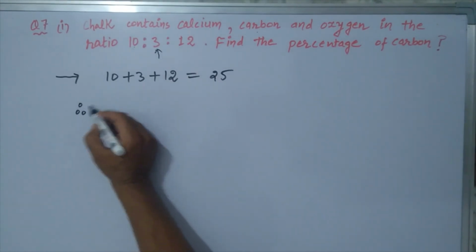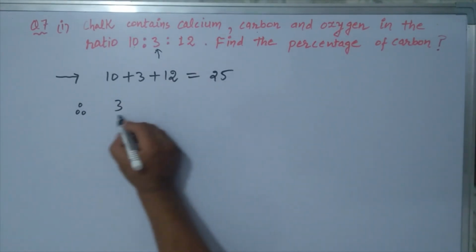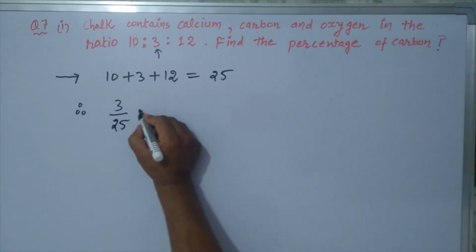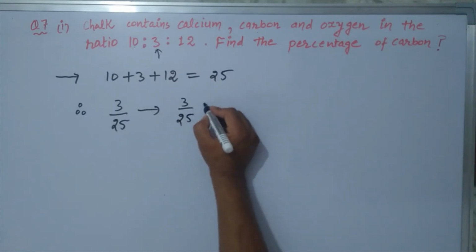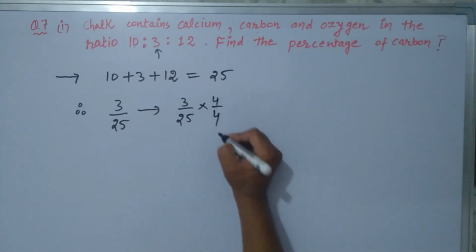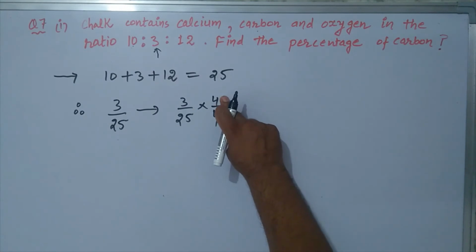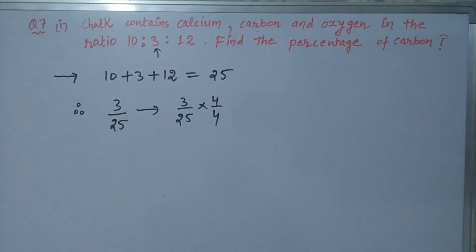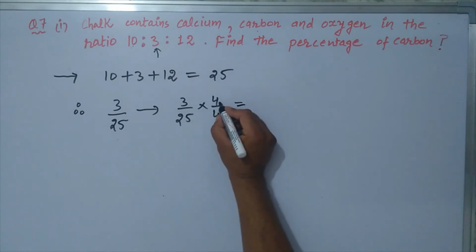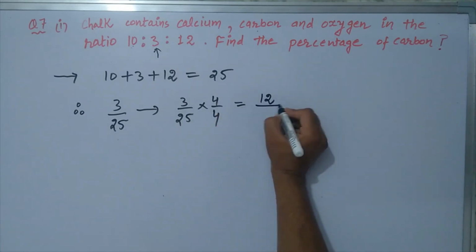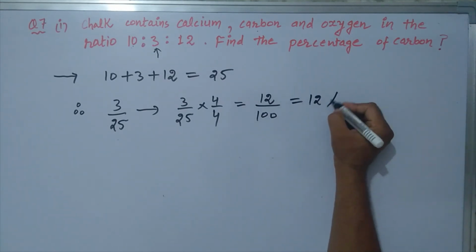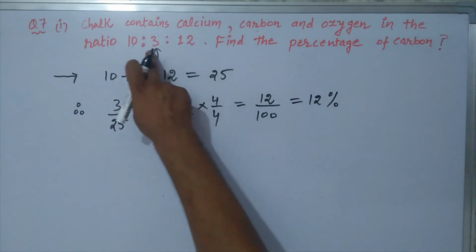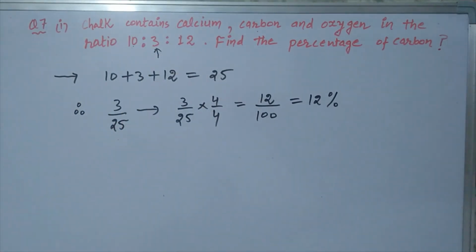Therefore 3 upon 25. To make denominator 100, we have to multiply with 4. 4 is multiplied in numerator as well as in denominator. So this becomes 3 into 4, 12, 25 into 4, 100. So this means 12%.